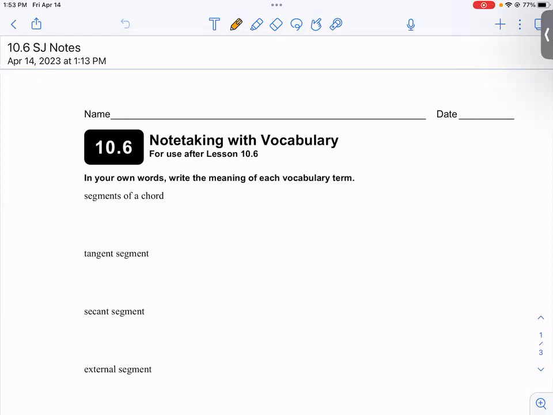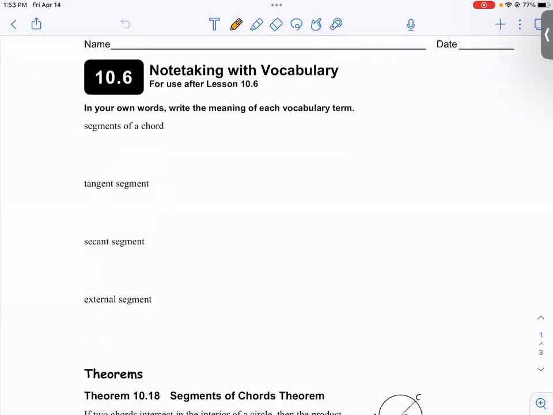I would like somebody to remind me what a chord is. Paxton, what is a chord? A segment with endpoints on the circle. How about a secant?